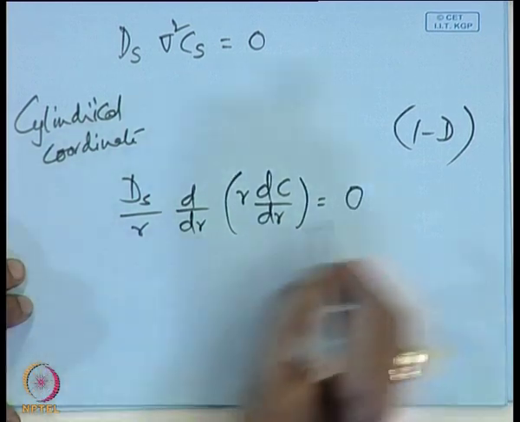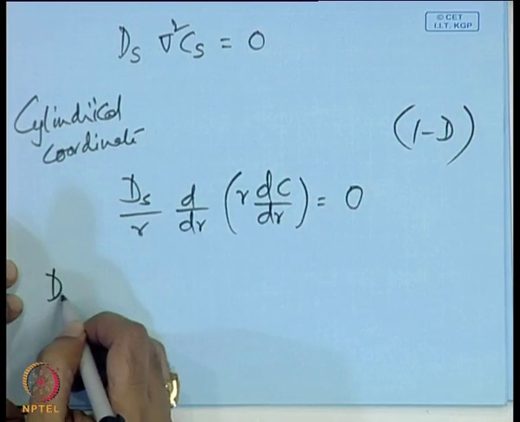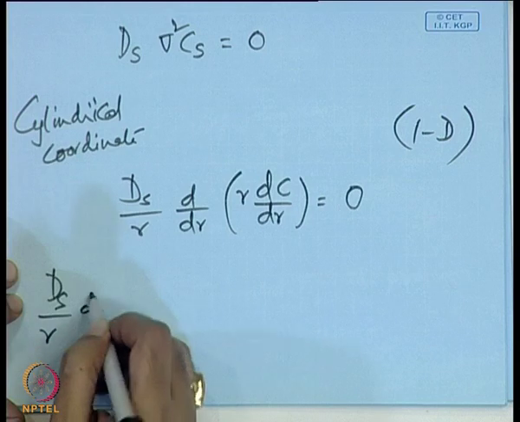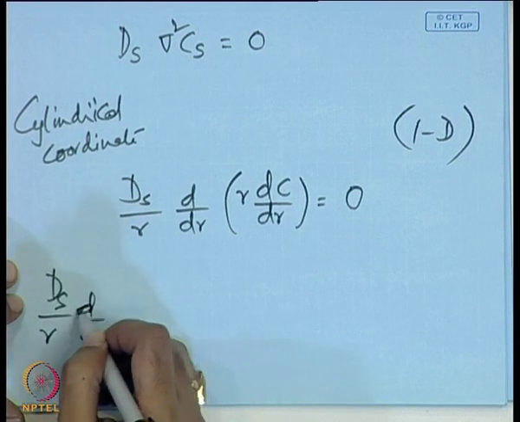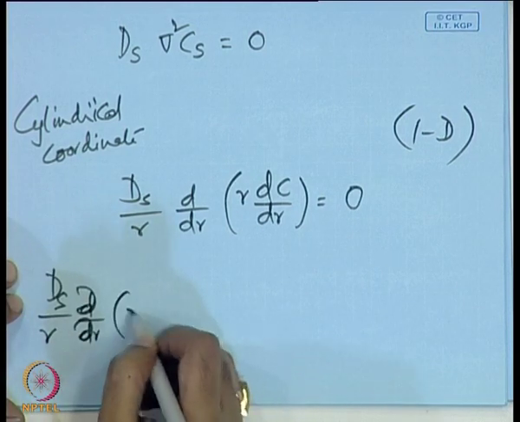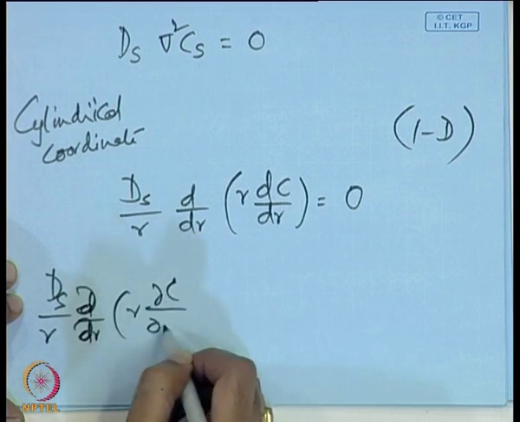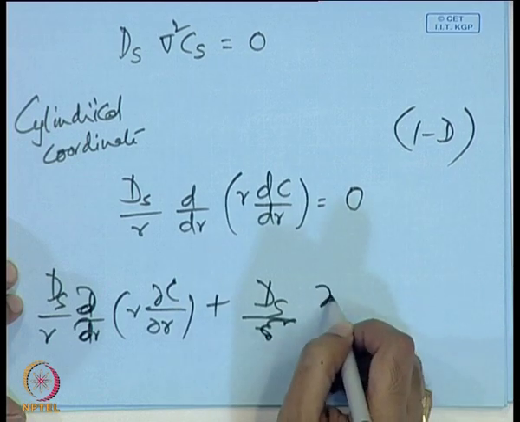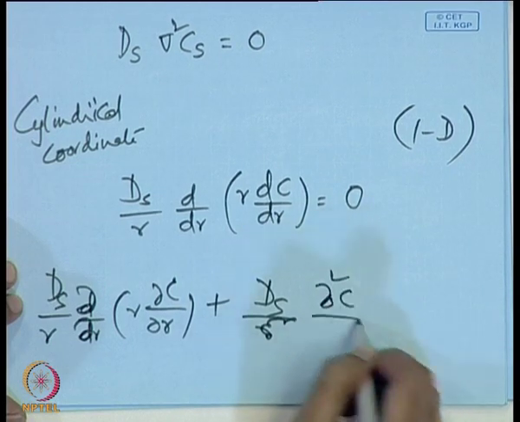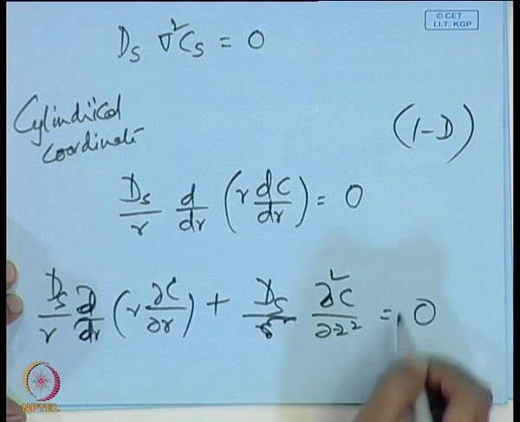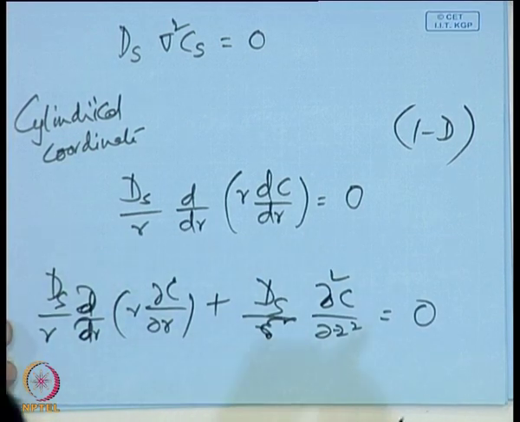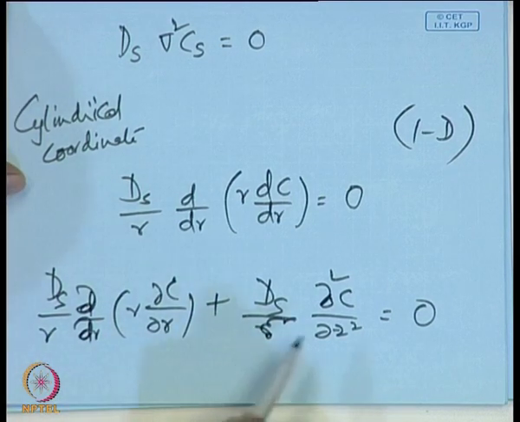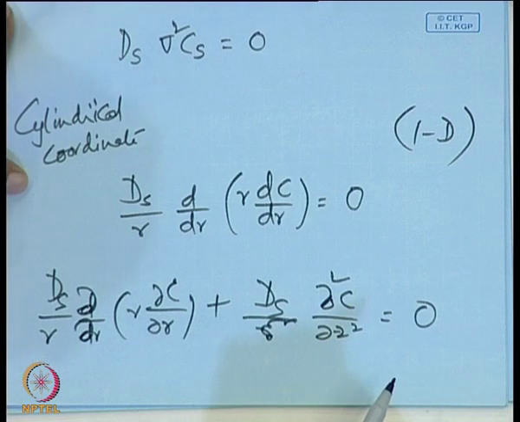Okay, this is 1D, and then 2D would be Ds times 1 over r, del del r of r del c del r, plus Ds times del 2 c del z square, equals 0.